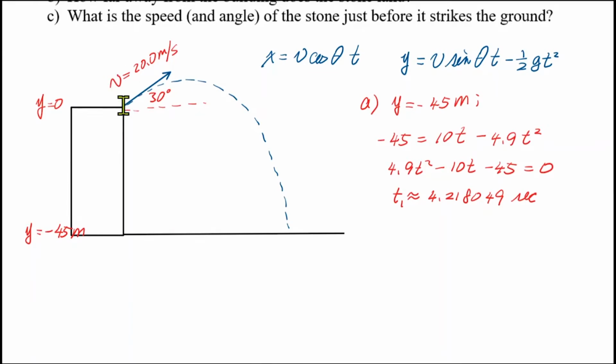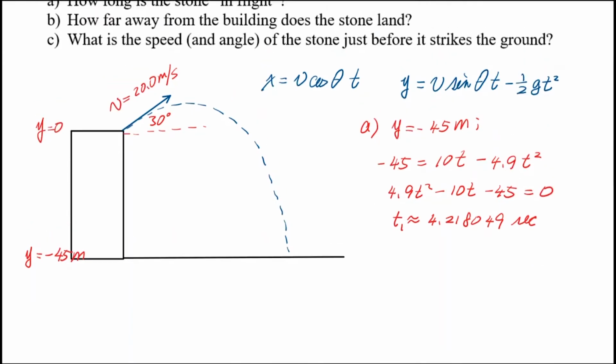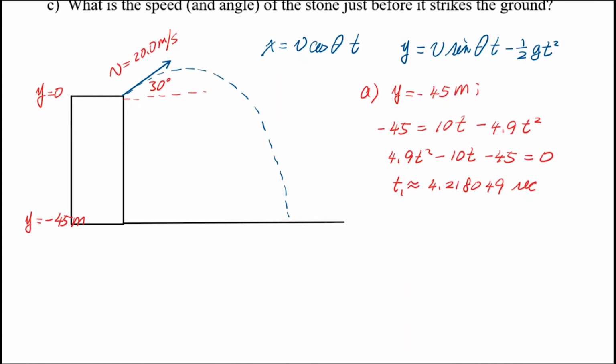Time starts right here. Okay, so B: how far away from the building does the stone land? So we want this distance, right? I'll do B here. You notice that is just substituting this T1 that we got back into this equation.